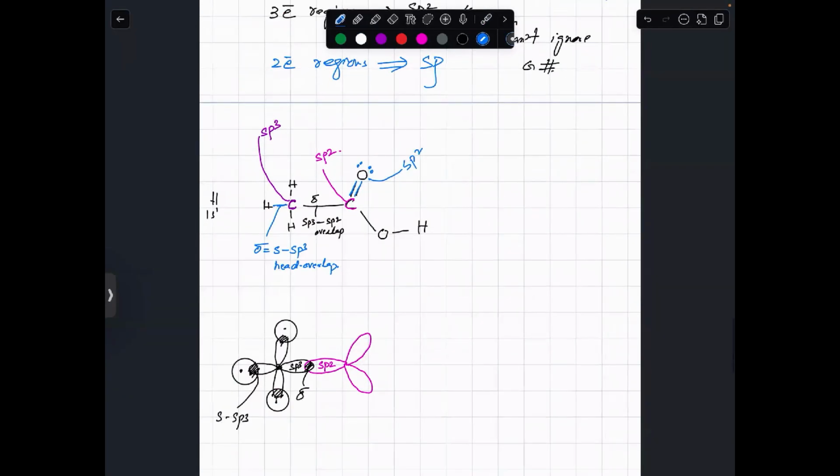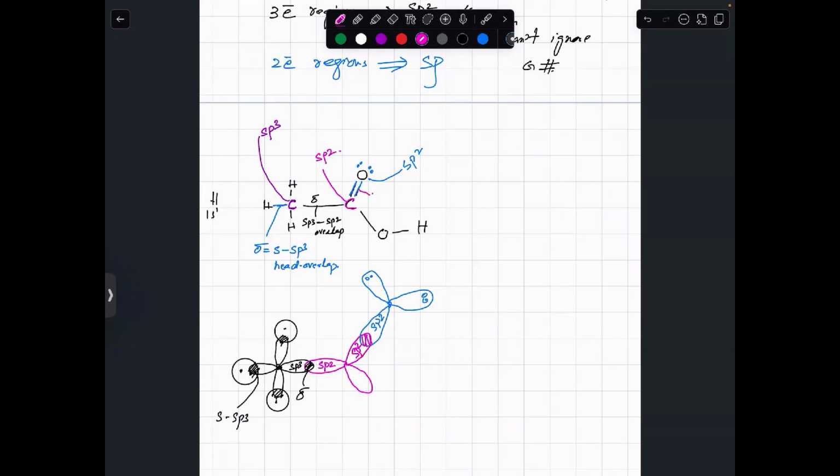So this oxygen is sp2, with one lone pair in sp2 and another lone pair in sp2. This sigma is due to sp2, sp2 overlap, right?